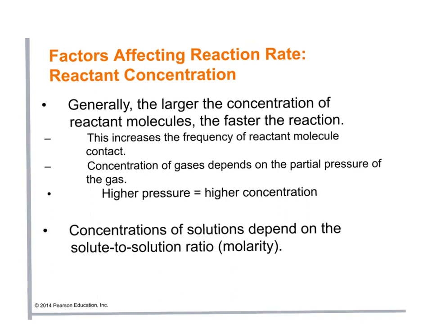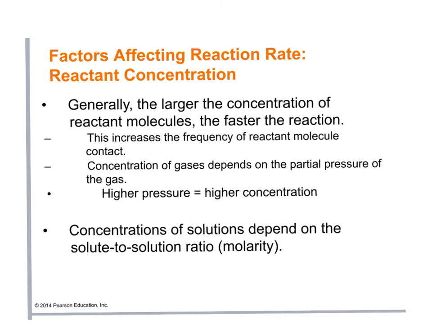Reactant concentrations. Now, this is one that is part of what we're talking about now, where we're going to create these rate laws that tell us how reactant concentrations are affecting the rate of reaction. So, in general, the larger the concentration, the faster the reaction. So that increases the frequency of collision, right?